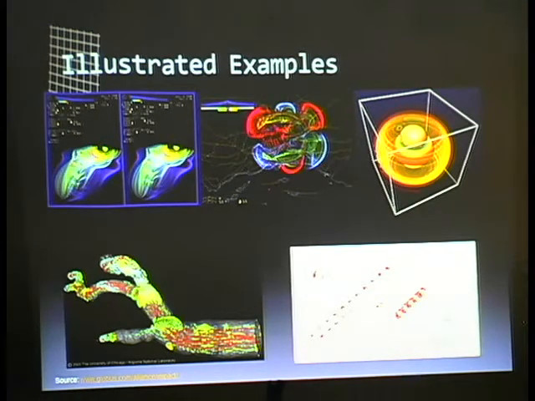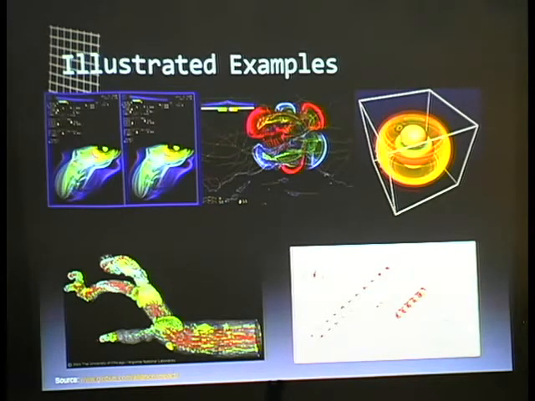The one on the left shows shock waves, and the one in the middle shows tectonic plate shifting, and then the tension, which are those big arcs of blue and red. It shows the tension going one way or the other. The one on the far right is a simulation of 2 black holes colliding and the gravity and things like that. The one on the bottom left is blood flow through an artery.